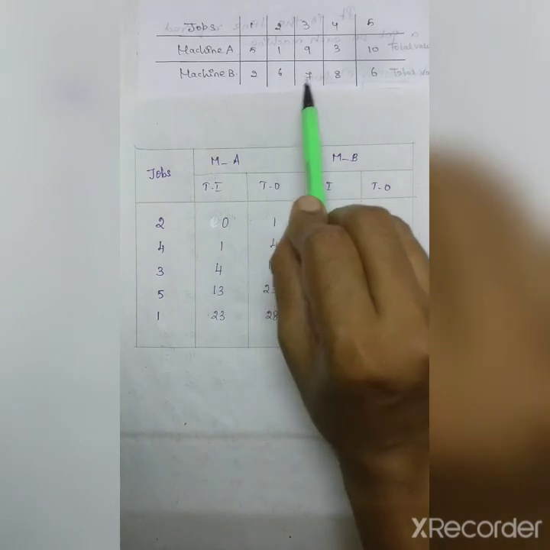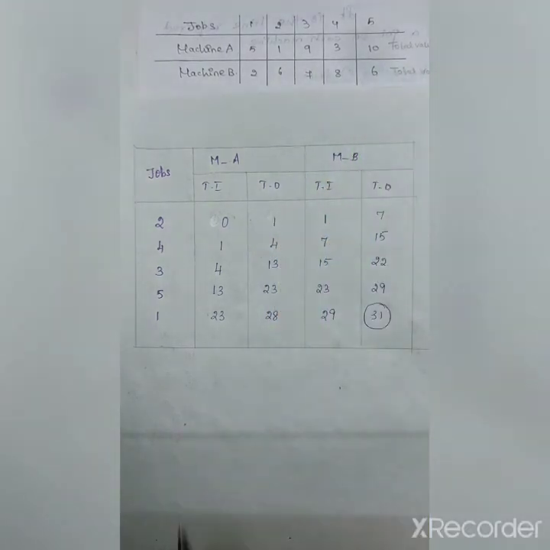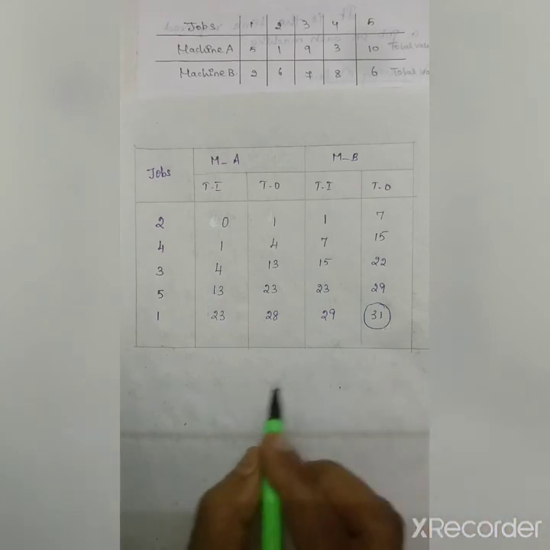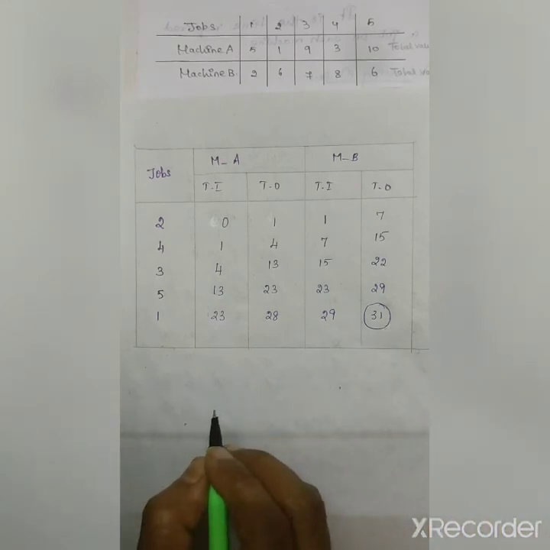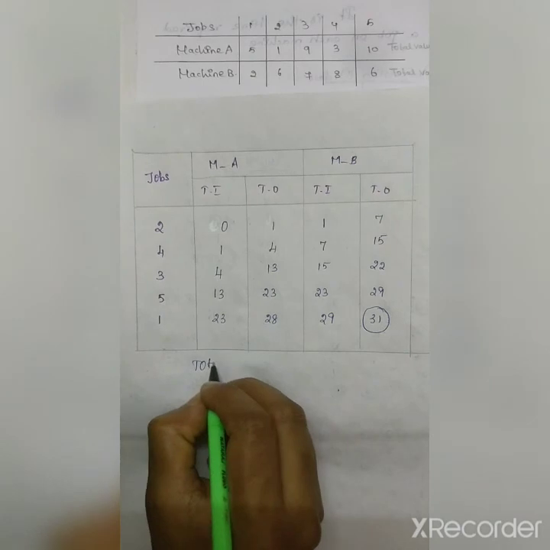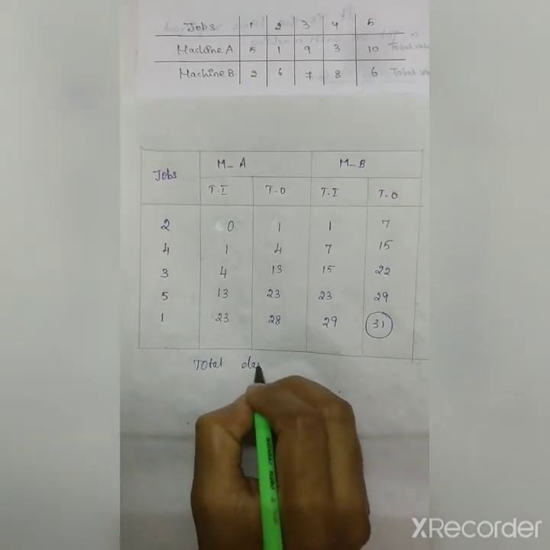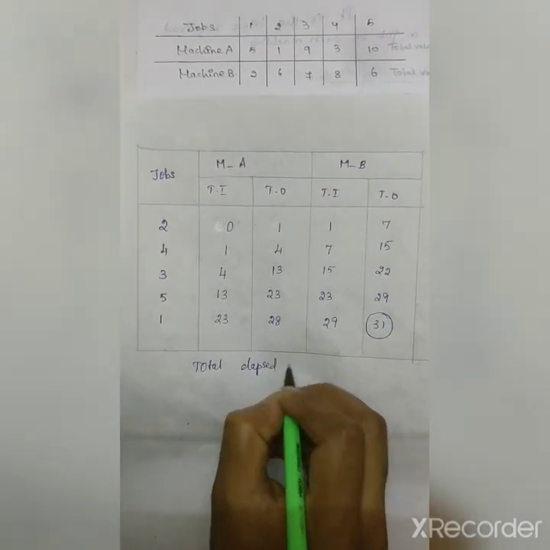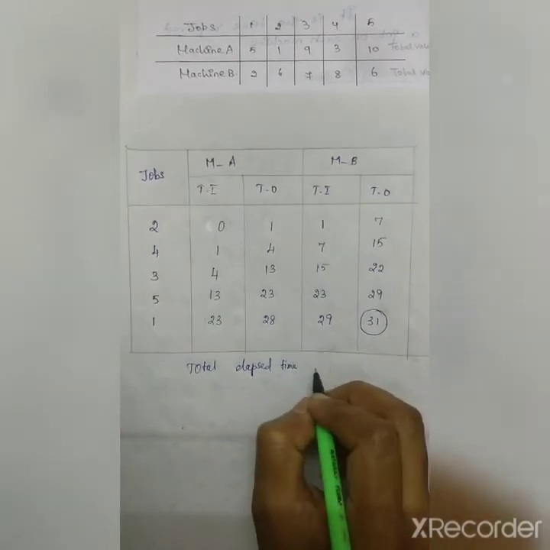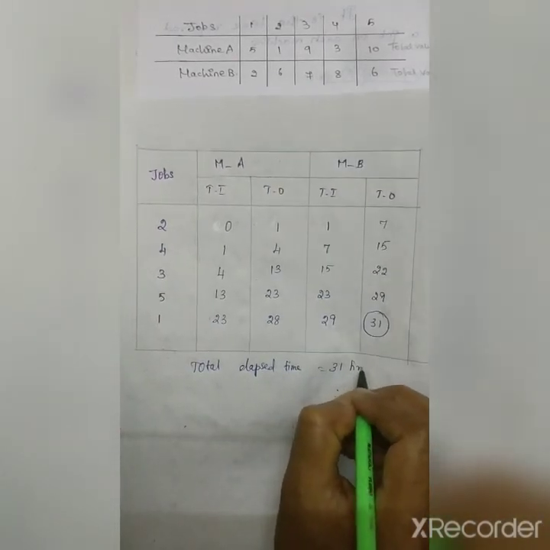Similarly, 2 plus 6 plus 7 plus 8 plus 6 is equal to 29 for machine B. Total elapsed time is 31 hours.